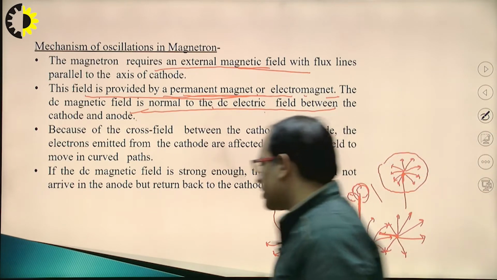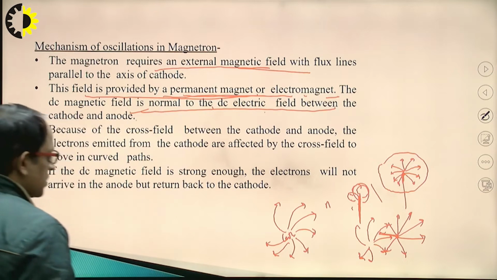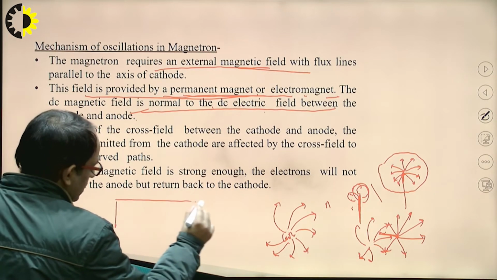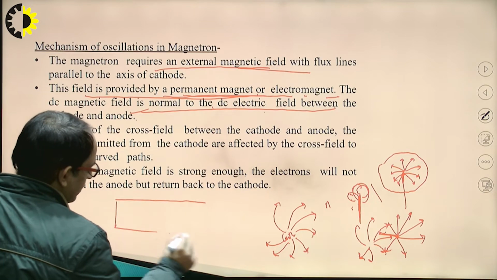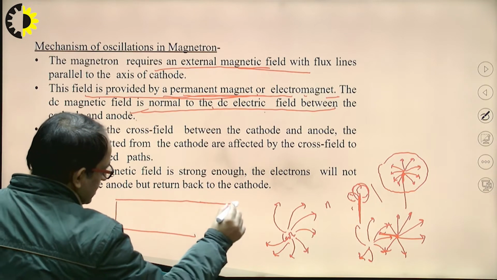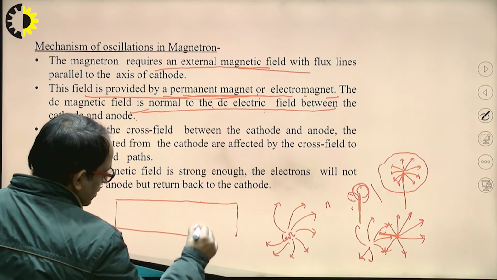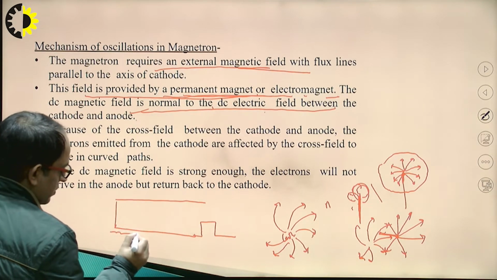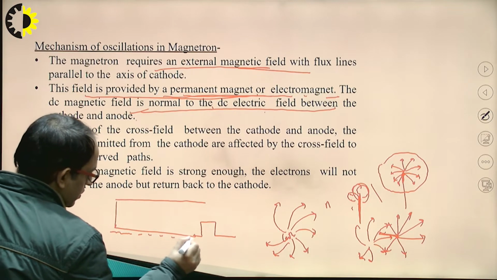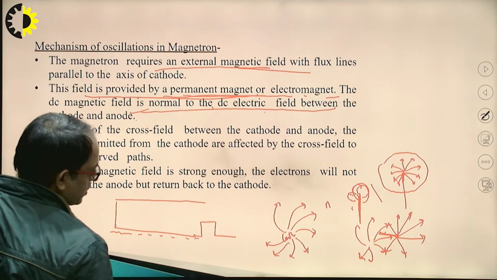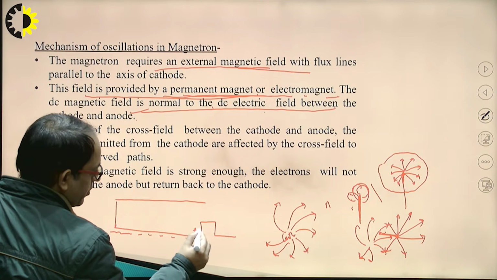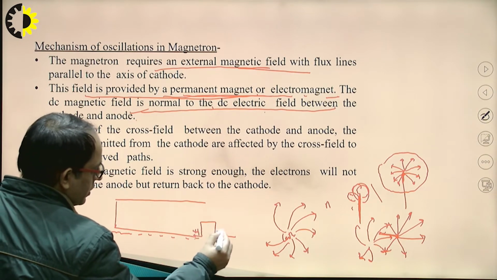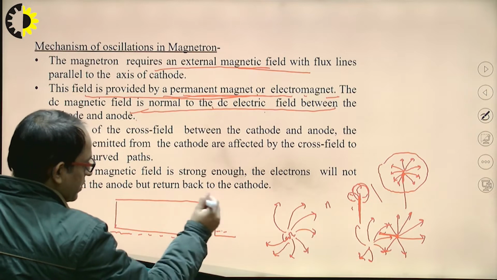Now as we know for LC oscillations, if I say this is a metal and this metal is cut out and an electron is passing through this metal, when this electron is passing through the metal, here it will become what? Positive, and here electrons will be emitted in the metal.